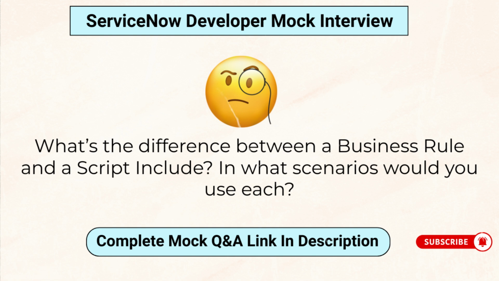In terms of usability, we use business rules when we need logic triggered during the record lifecycle, like before insert, before update, after insert, after update, etc. Whereas we use a script include to centralize the logic and reduce redundancy.